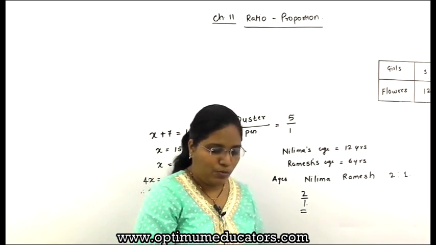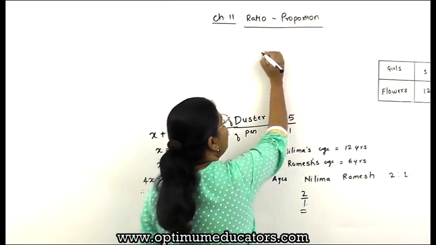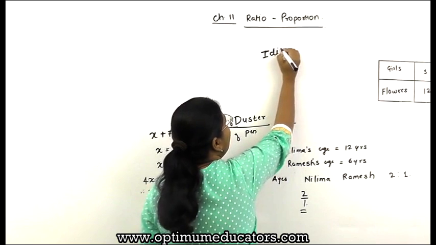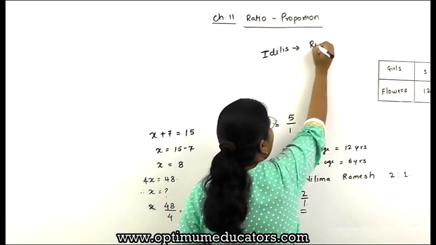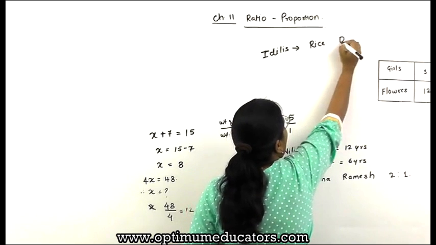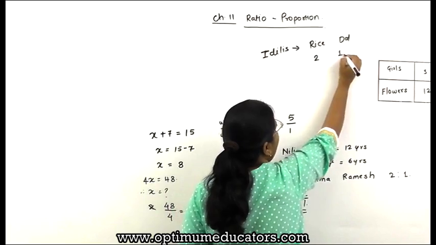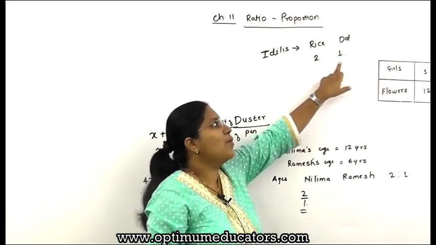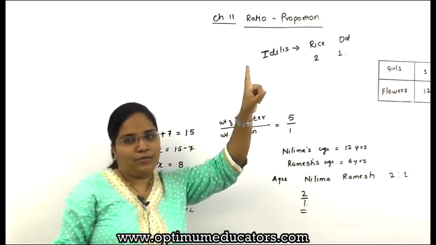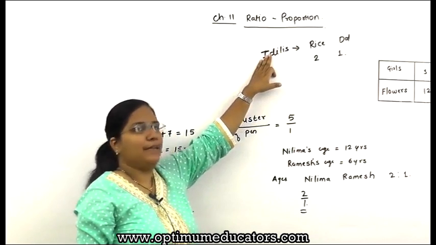Now when we make idlis, the proportion for rice and dal is say 2:1. If I take 2 cups of rice, I must take 1 cup of urad dal. Then I will be able to make a batter for idli.